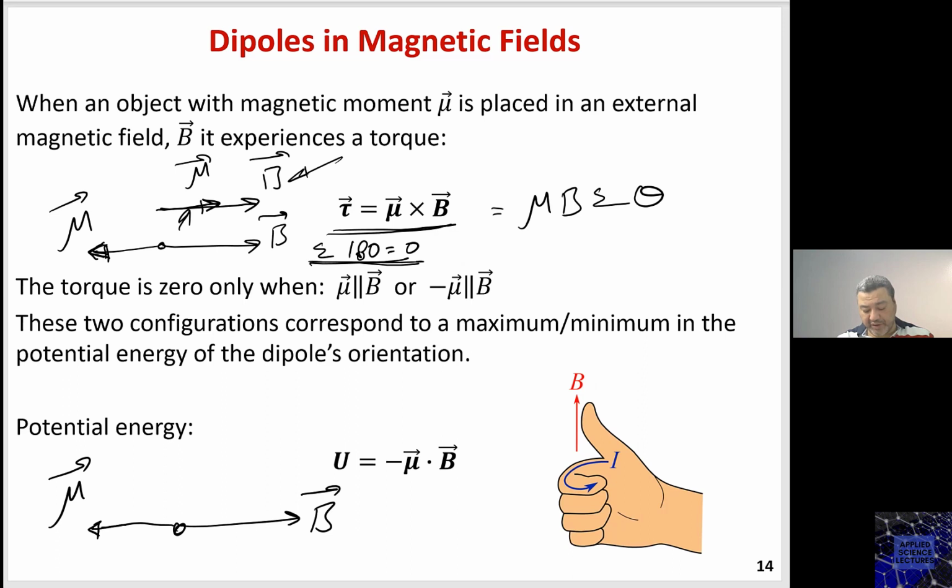When they are parallel, the magnetic field parallel with the magnetic dipole moment, then in this case we have the lowest potential energy. And this is given by this expression.